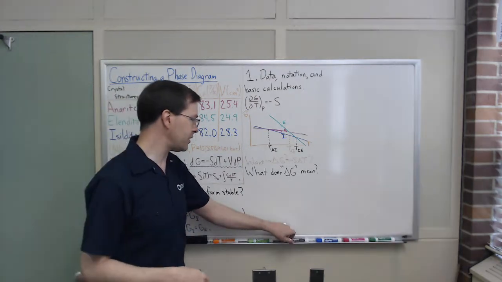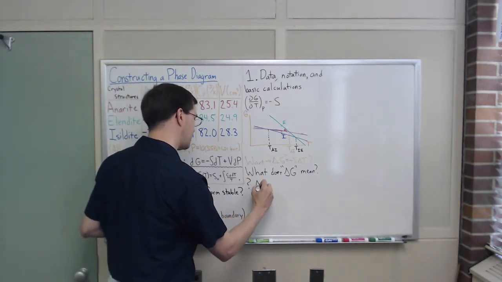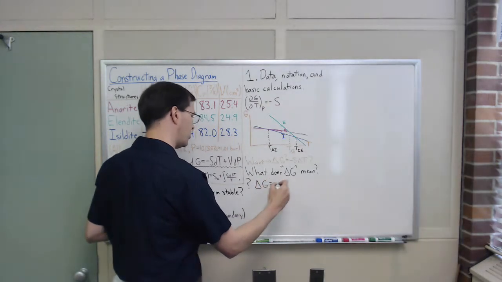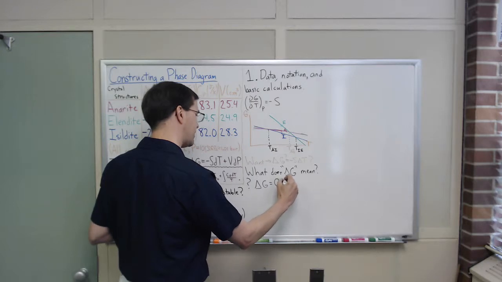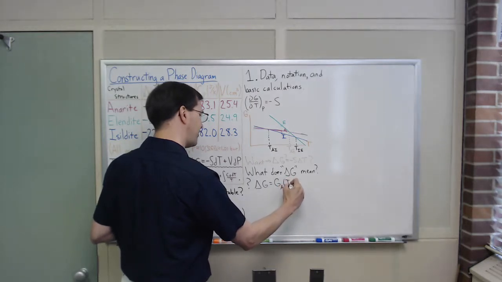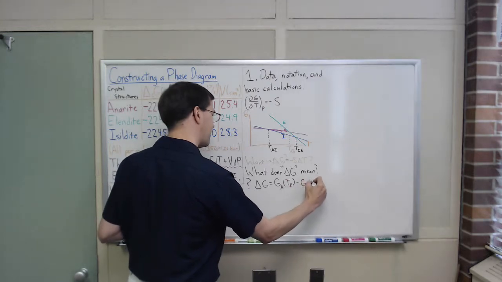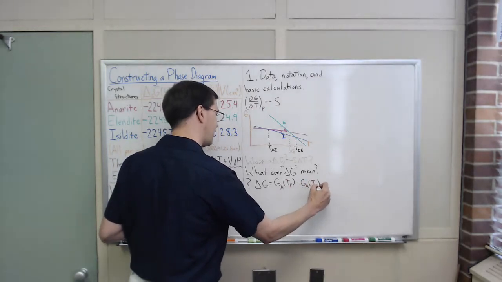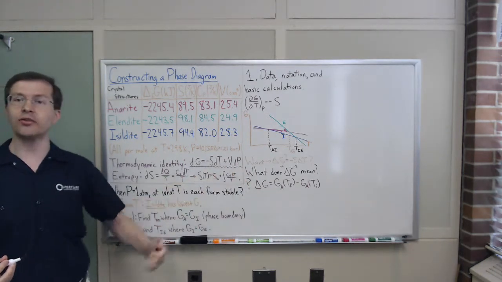One thing it could mean would be delta G is equal to, for example, the Gibbs free energy of, say, anorite at temperature T final minus the Gibbs free energy of anorite at temperature T initial. The difference in Gibbs free energy of a single substance at two different temperatures.